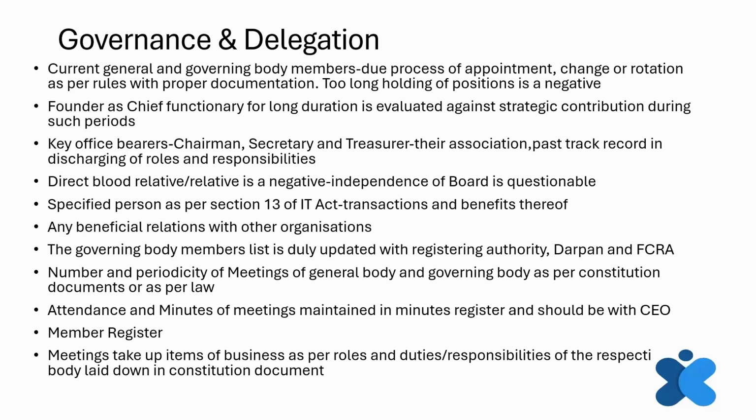So what I'll do is I will say, when was your last AGM held? You will say XYZ date. I will then see whether the roles and responsibilities, which are very few as far as the general body is concerned, have been performed by the general body at the AGM. Have they approved the statutory accounts?